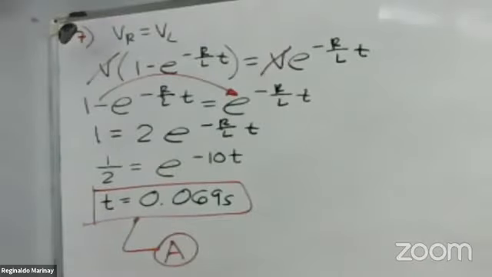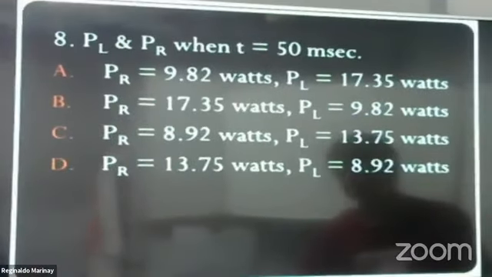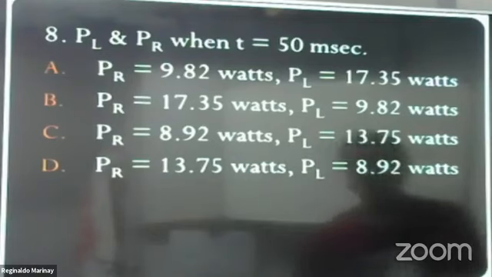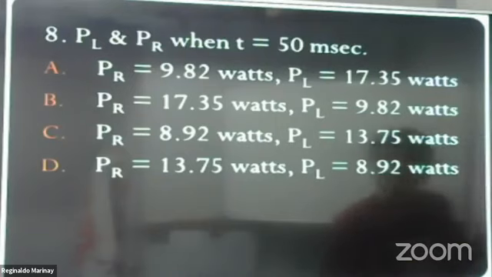Okay, question number 8. We are asked to find PL and PR. What is our formula for PR and PL?